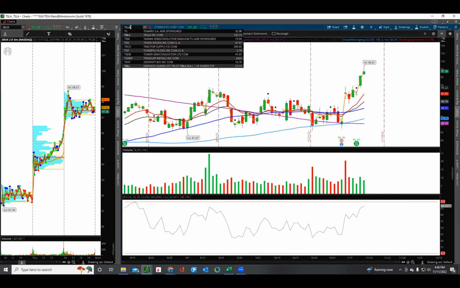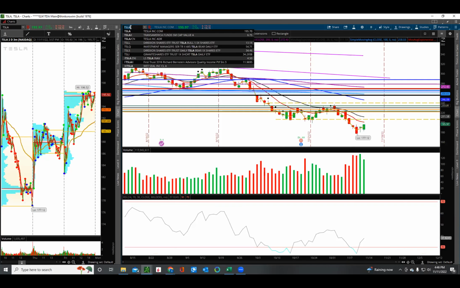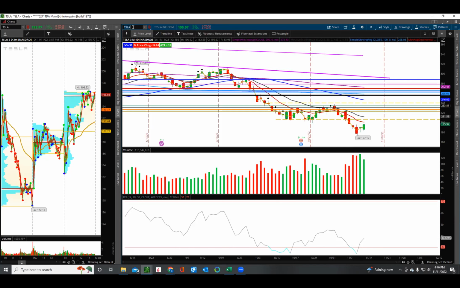I don't want to use this because I don't want you to get confused with all those lines that I have on there. Yeah, AMD, I'm also going to have a bunch of lines on there because I trade that frequently. Let me think.